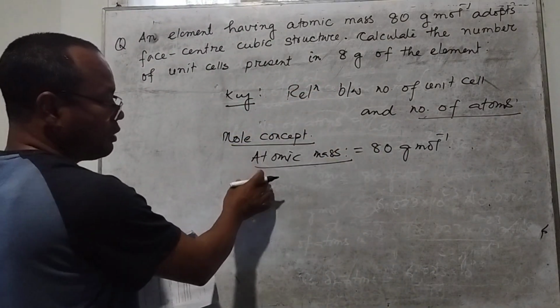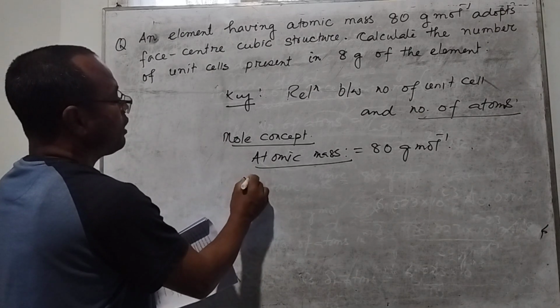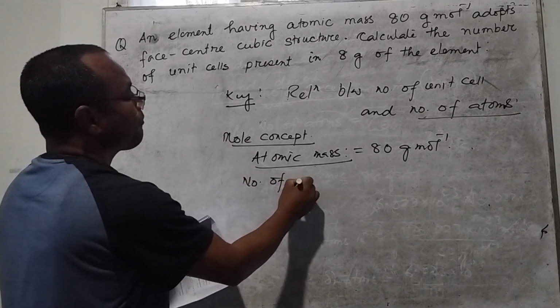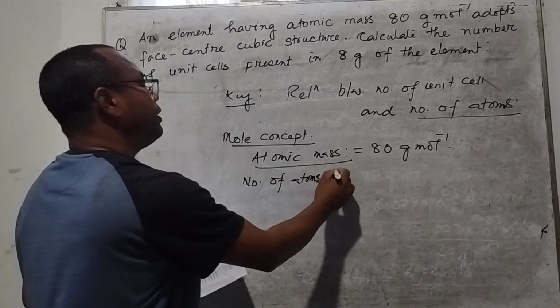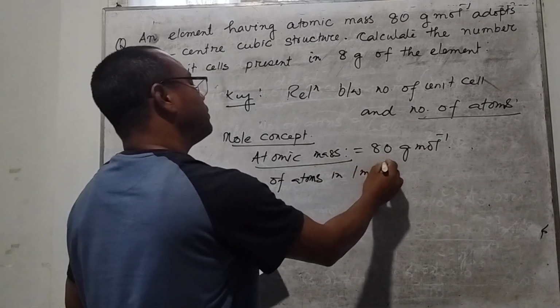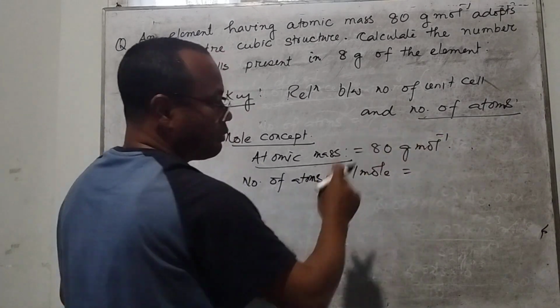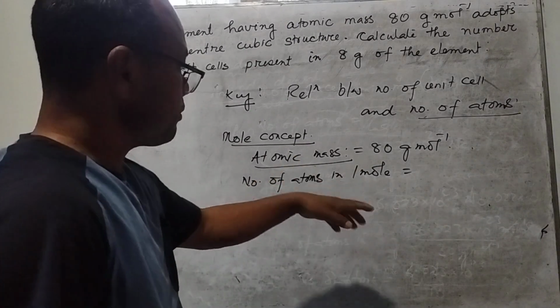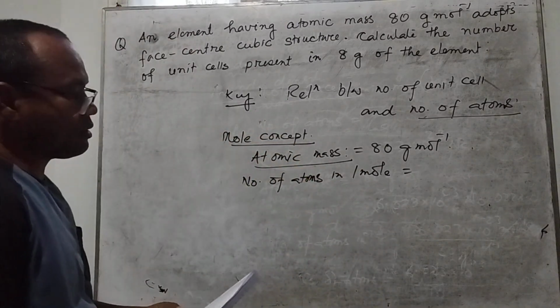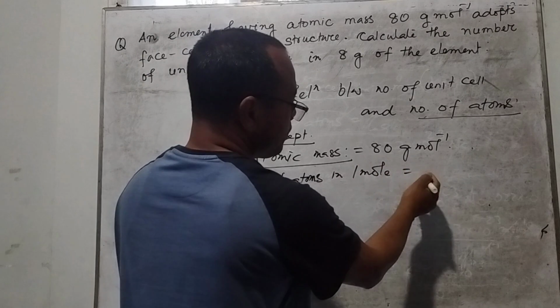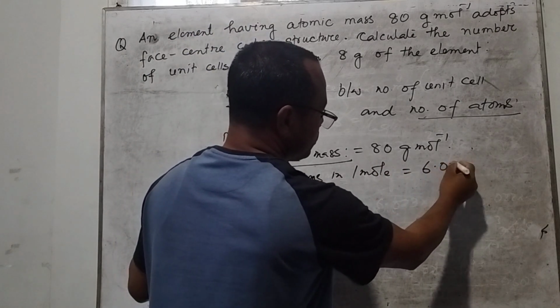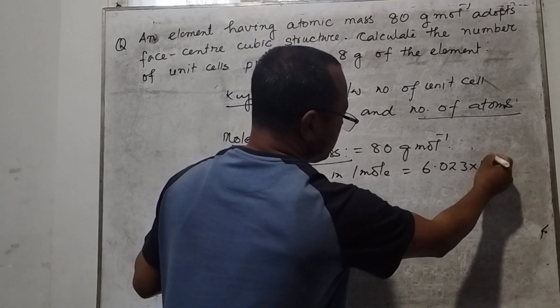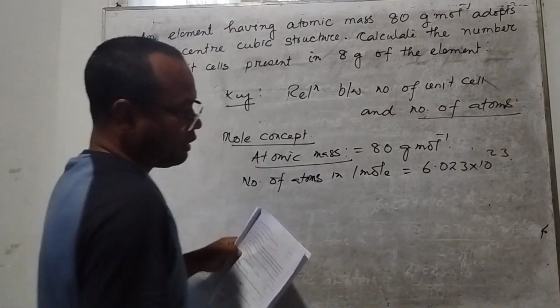As we know, the number of atoms in 1 mole, from the mole concept, is 6.023 into 10 to the power 23 atoms.